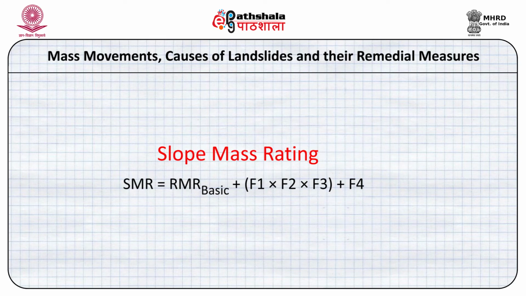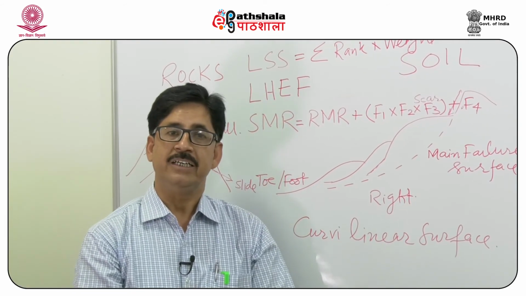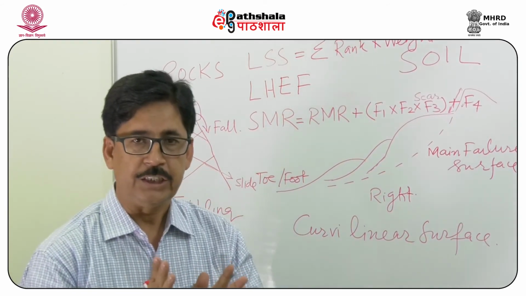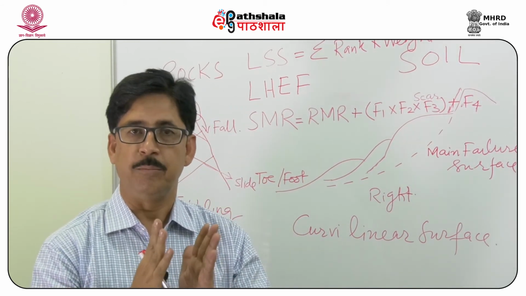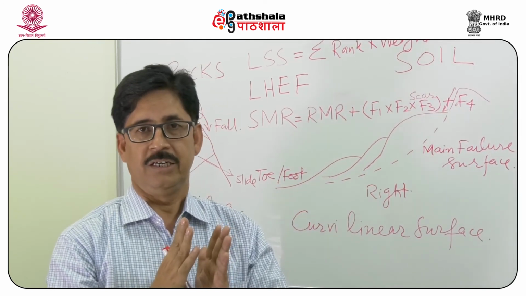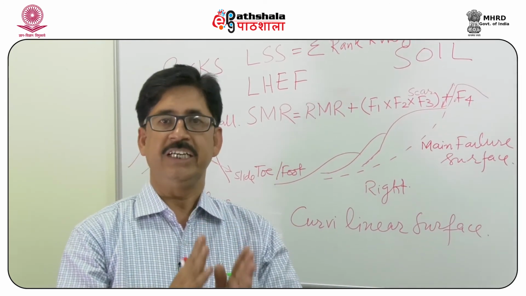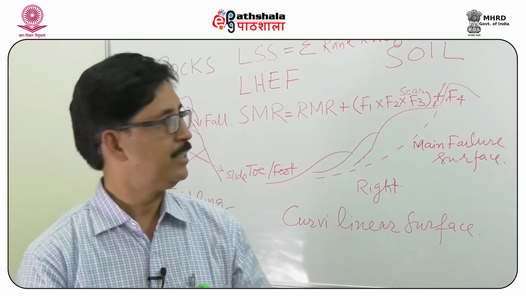So we have to calculate first RMR, then these 4 factors. F1 is a factor which is related to the difference in orientation of slope and the most important joint surface. It is a relationship between strike of most important joint surface and the slope surface.